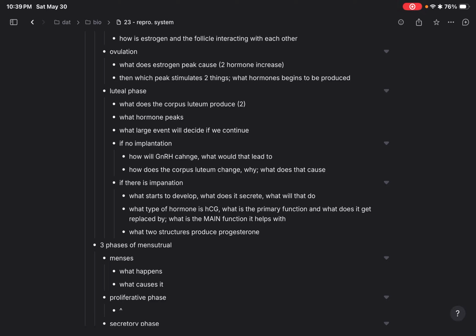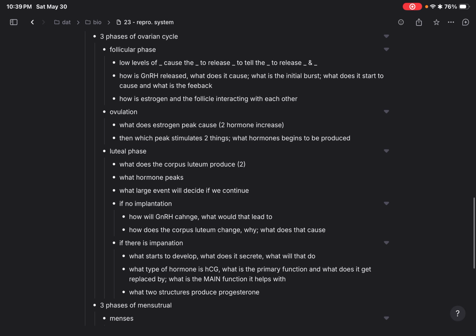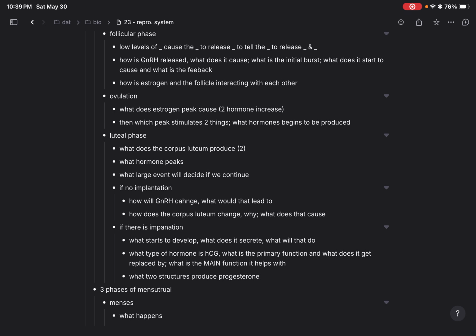Okay, so the corpus luteum produces progesterone and estrogen. What hormone peaks? I'm not too sure. Probably estrogen. Maybe progesterone. Who knows?